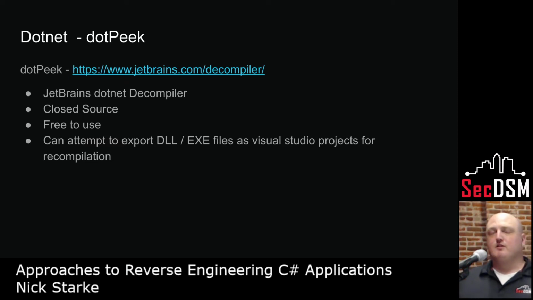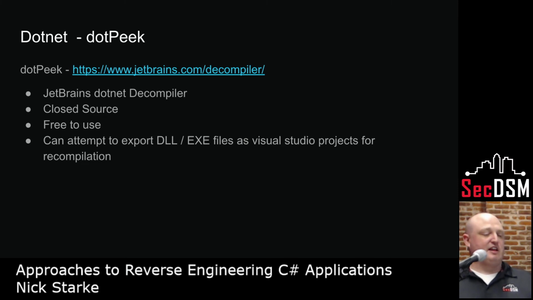So let's say running on Mac OS or Linux is not important to you. Let's say open source, being able to audit the source of the disassembler or decompiler, is not important to you. There is another tool called dotPeek. dotPeek is the JetBrains .NET decompiler. It's free to use. You have to agree to the JetBrains license in order to use it, but it does not cost anything.